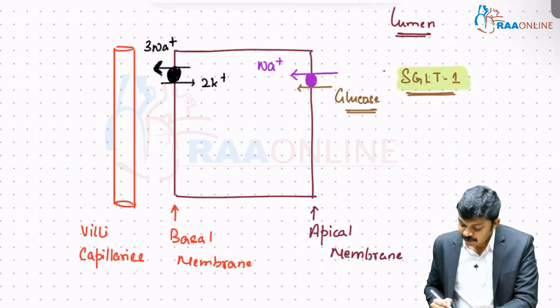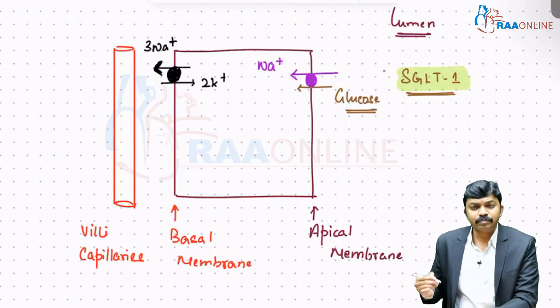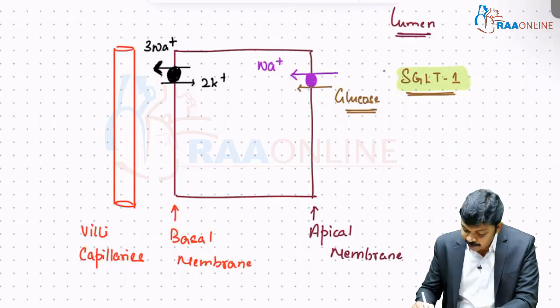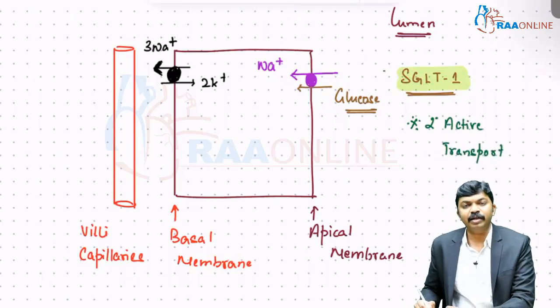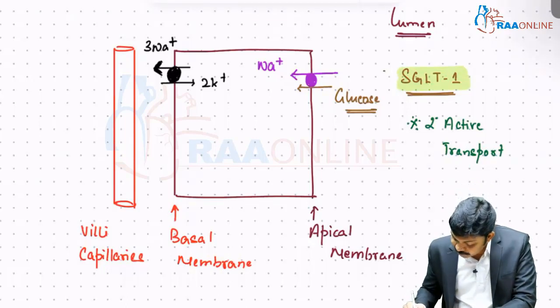Alright people, so this is the mechanism with which glucose is absorbed into the cell, and this type of transport is going to be secondary active transport. Why is it secondary active transport? Because entry of sodium is passive, whereas entry of glucose is active.